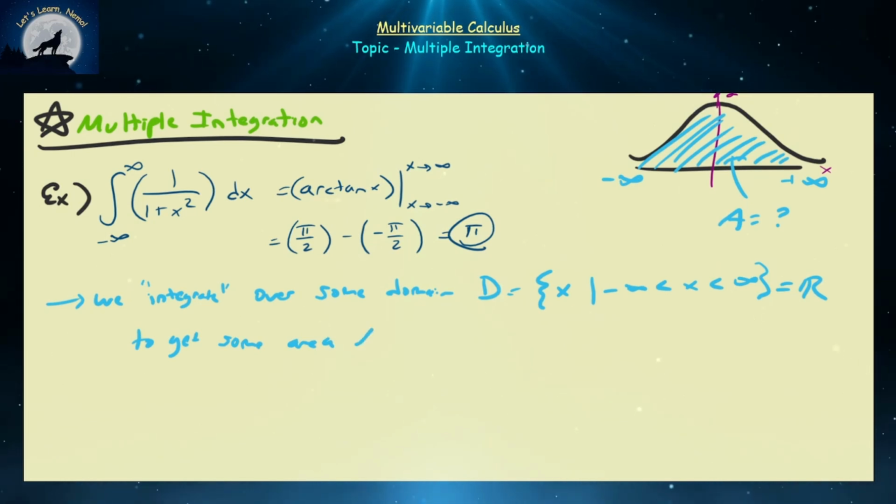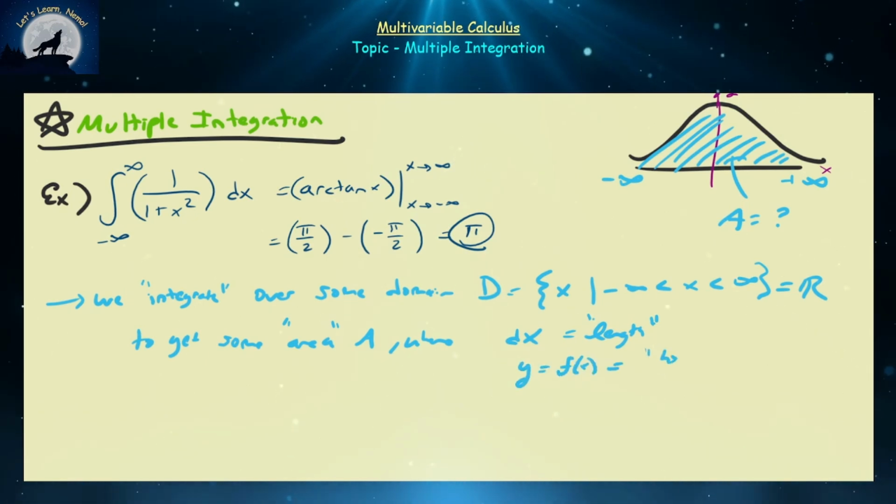Let's call that area A, where dx, moreover, corresponds to the length of our little mini rectangles, and y, aka f of x, corresponds to the height of our little mini rectangles.